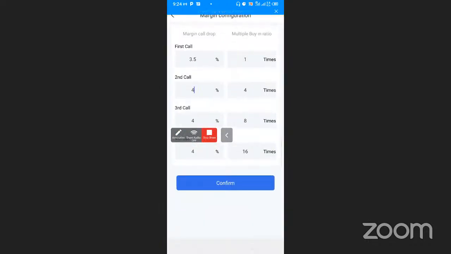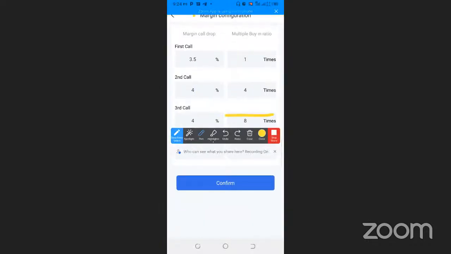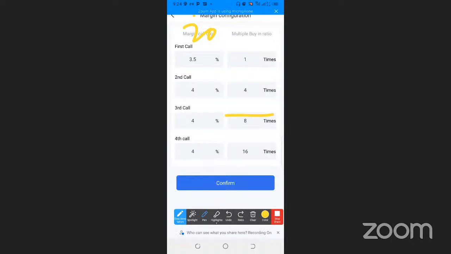My first call is what? $20. And now if the market drops to 3.5%, I'm saying buy another $20 for me. That is, now we have $40 from here.